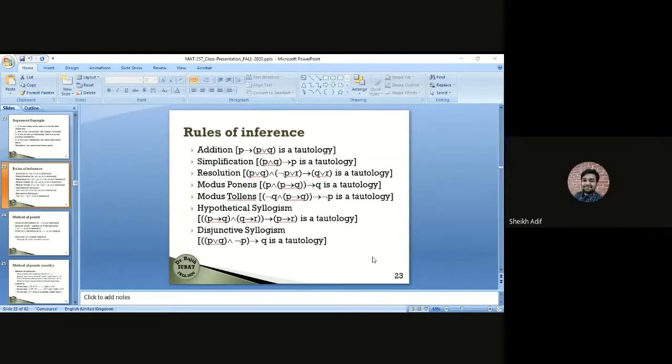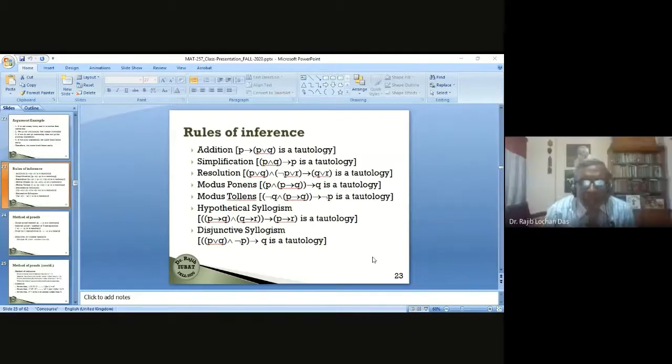It is modus ponens. Yes, modus ponens, it is correct, you are right. In fact, this is P and P implies Q. So P means not C. So not C and not C implies another thing, that is D. So what will be the result? The result will be D.